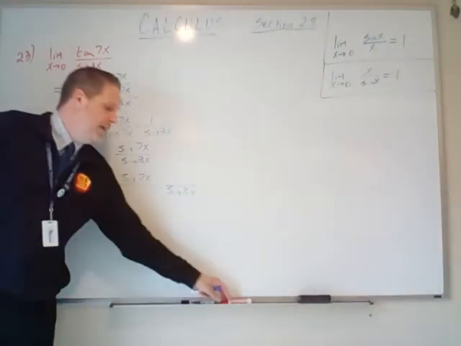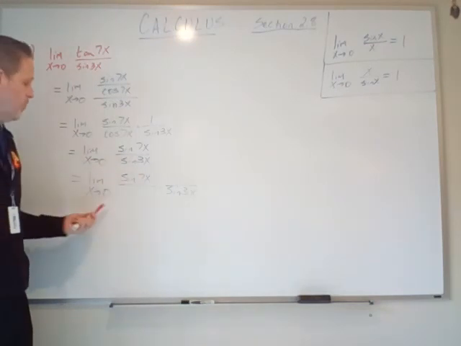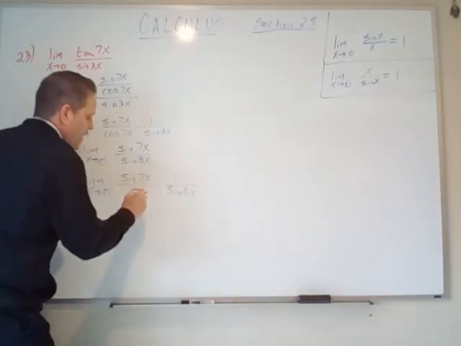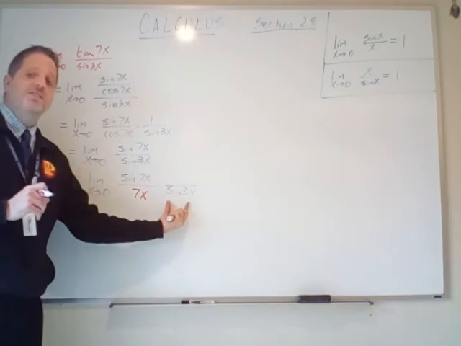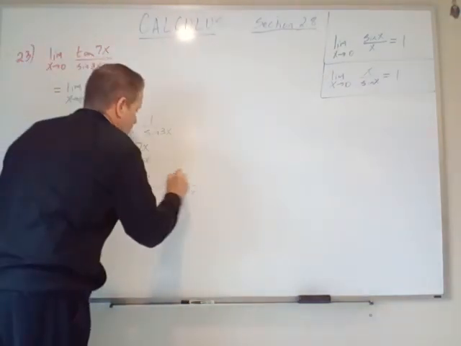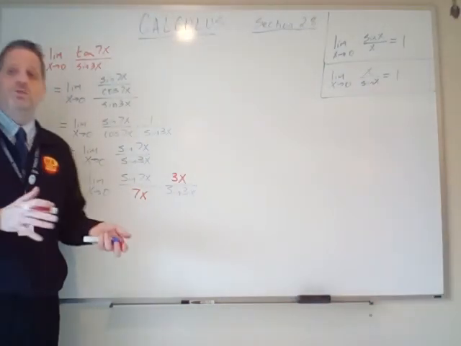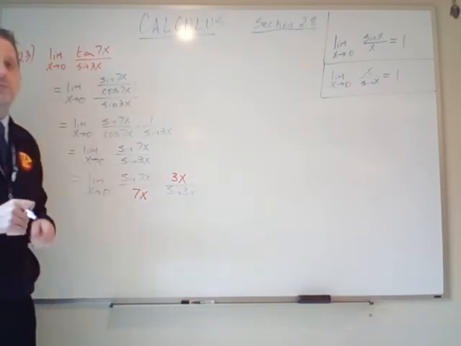Okay, so basically, in order to make the sine of 7x as x approaches 0 into 1, I need a 7x down here. Similarly, with the sine of 3x, I need a 3x up here.